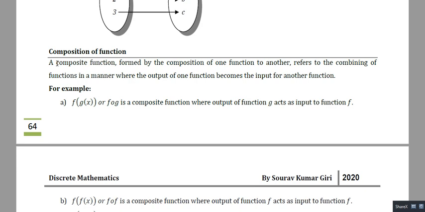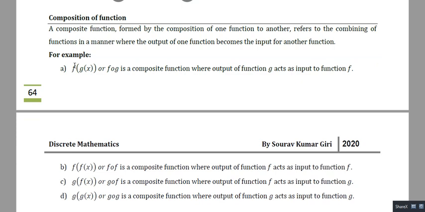So in composition of function, the output of one function will act as the input to another function, then again its output will act as input to another function, and so on. Depending upon the length of the composition, we can apply that number of functions. For example, this is a composition of two functions, f and g.